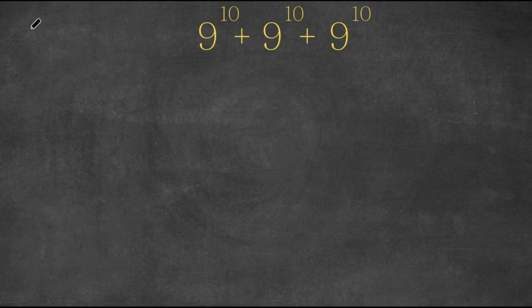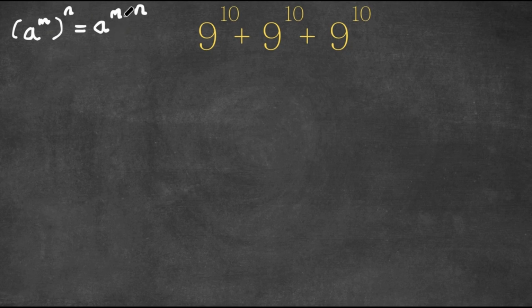Now, if we have something in the form a to the power of m to the power of n, this can be written as a to the power of m times n. And the same thing can also be vice versa.